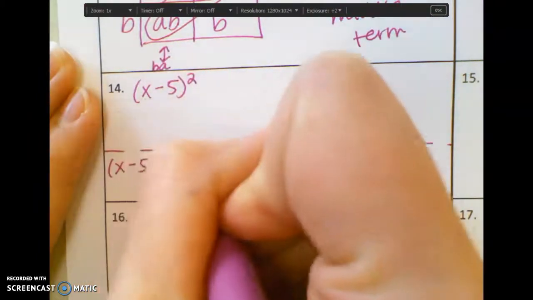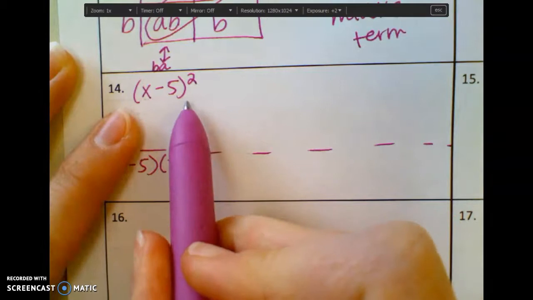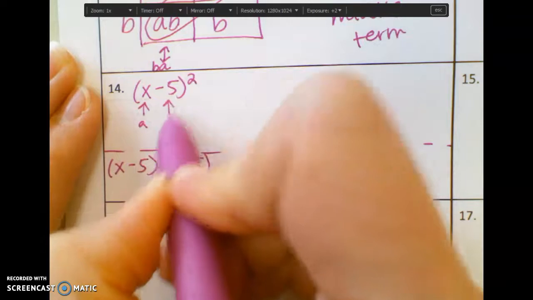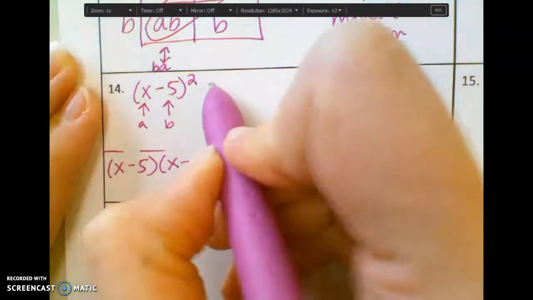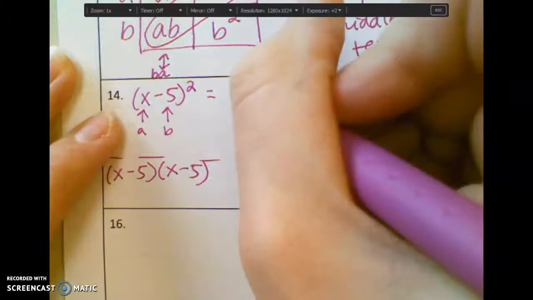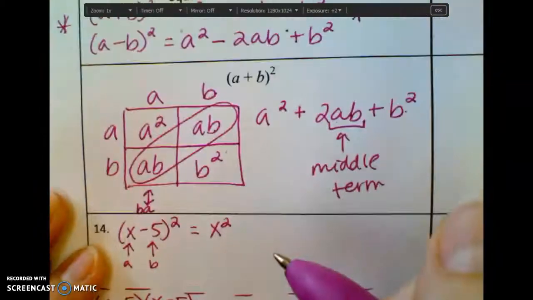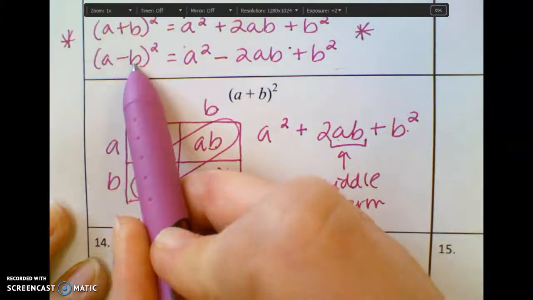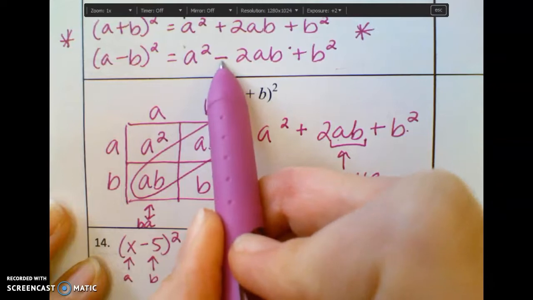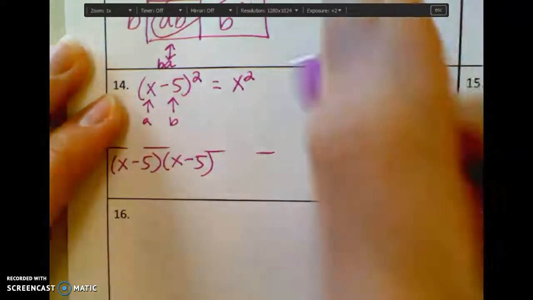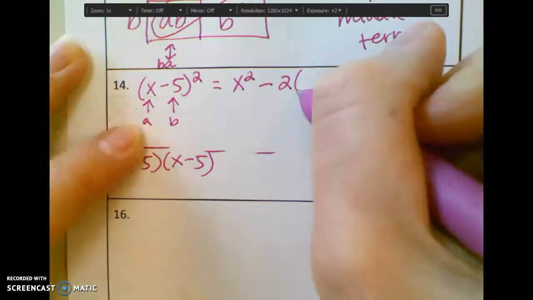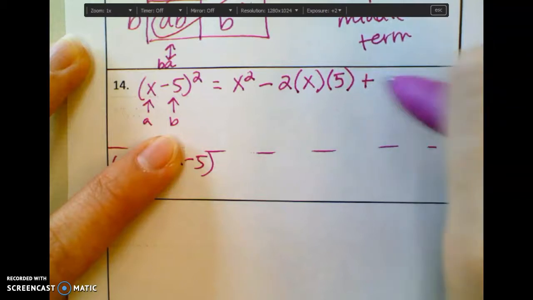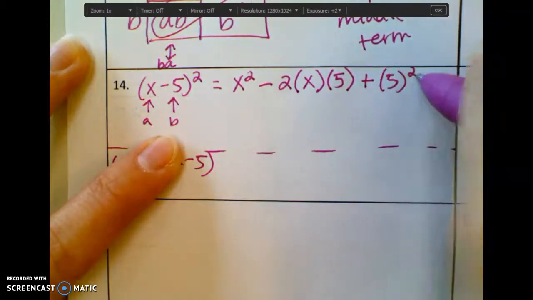First way is using the square of a binomial rule. (x - 5) squared: we know that x is a, and we know that 5 is b. So (x - 5) squared is equal to x squared. Now in this one, we have a minus b. The only place we see a negative sign is right there with the 2. So x squared minus 2 times a, which is x, times b, which is 5, and then we have plus b squared, so plus 5 squared.